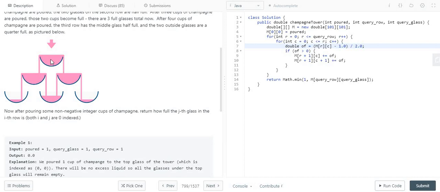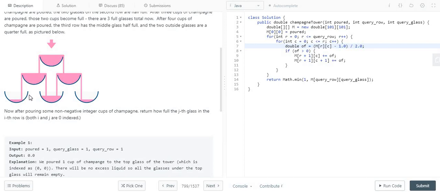Then if you pour another glass of water, whatever overflow is there, there is an overflow of 1 liter. So half, that is 0.5 liter, will be poured into the left glass, and the remaining 0.5 will be poured into the right glass.